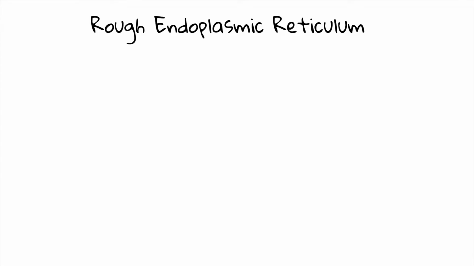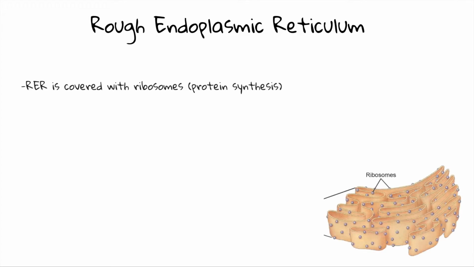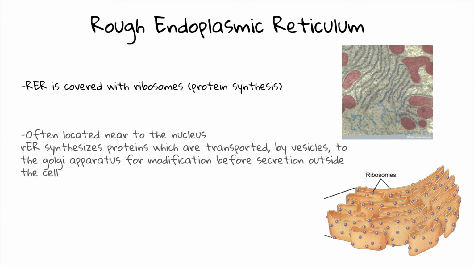So let's start with the rough endoplasmic reticulum, the RER. It is covered with ribosomes as it undertakes protein synthesis, and the proteins which are synthesized are used for functions outside of the cell.